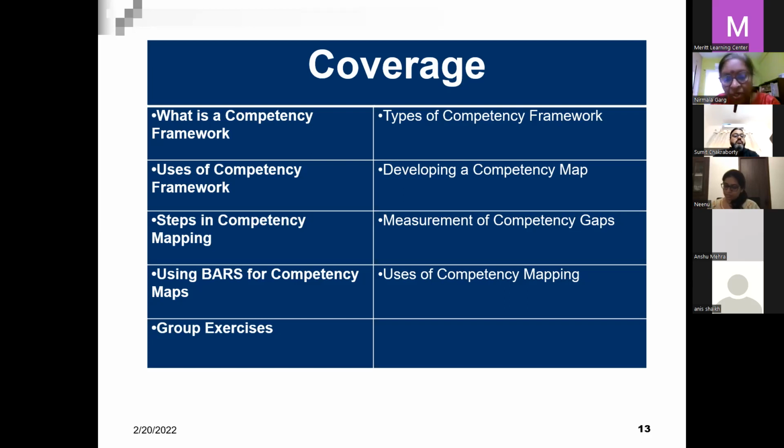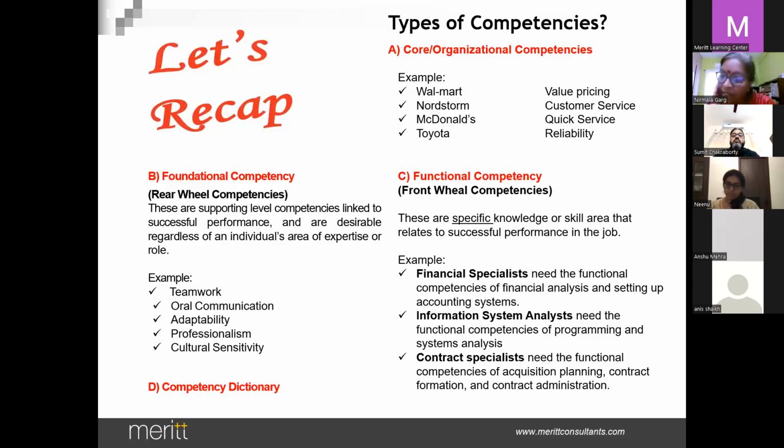Now, just a little recap on what we did. In our first session, we defined what a competency is. As all of you are aware, competency is an underlying characteristic of an individual which causes superior performance. Taking the metaphor of the iceberg model, whatever is submerged in water, 80% of the iceberg, is concepts, values, motives, traits.